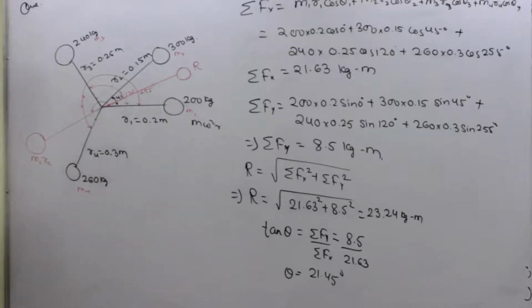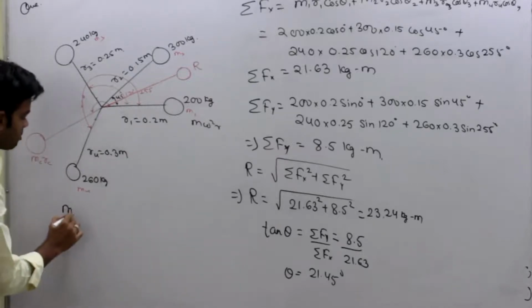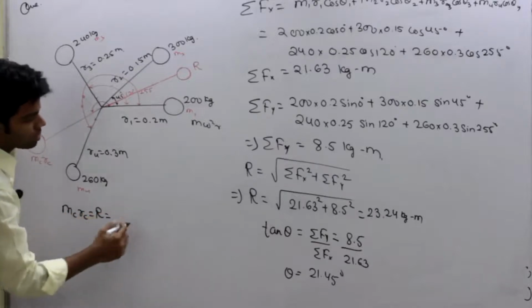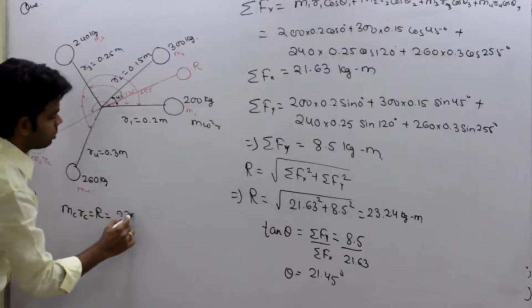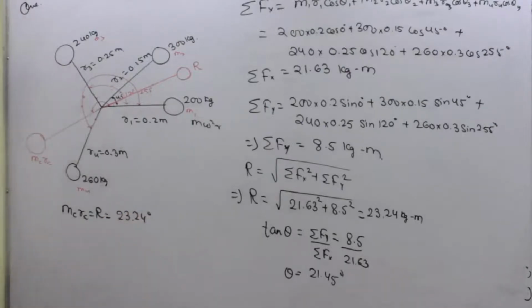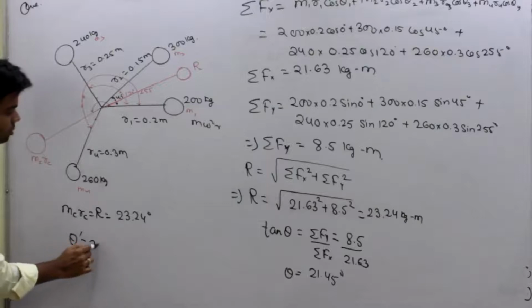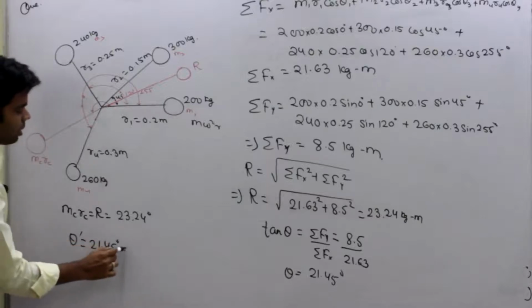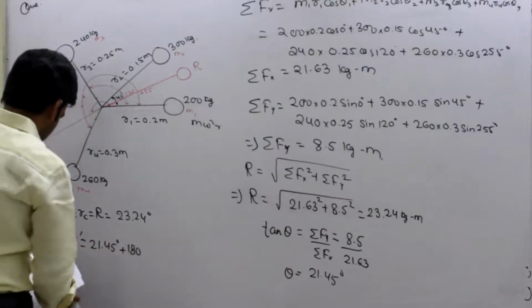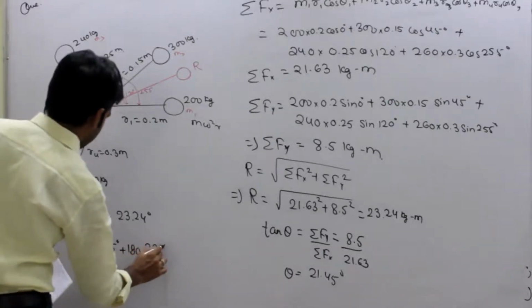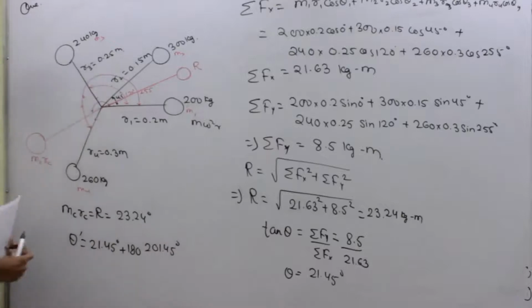So this magnitude will be same, that means mc into rc will be equal to R, which is 23.24 kg meter. And finally the angle theta dash will be equal to 21.45 degree plus 180, so this will be equal to 201.45 degree. Getting this or not?